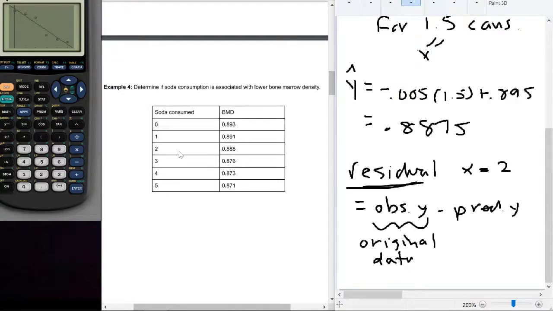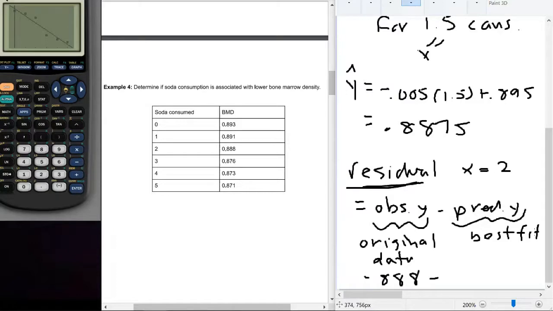Whenever 2 sodas were consumed, you observed 0.888. So the observed y will be 0.888. And then minus the predicted y. The predicted y will always be your best fit line.